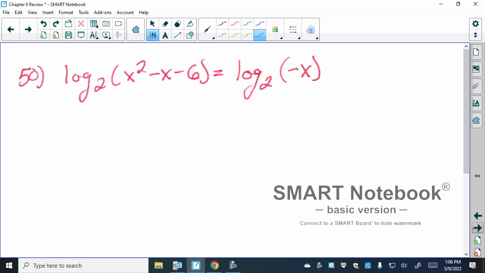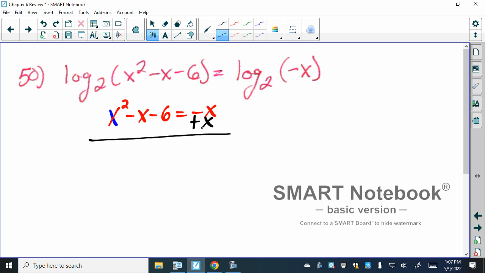Since the logs are the same, what's inside has to be the same as well. For some reason I can't find my 50. Yep. Since it is a quadratic, we need to get everything on the same side of the equal sign.